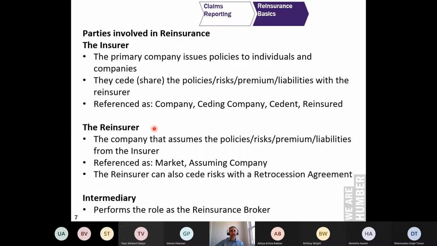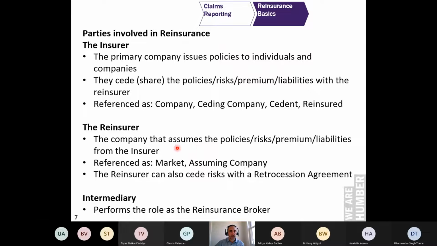The other ways that this company might be referenced are as the company or the ceding company, the cedent, or the reinsured, because they're the party that's being reinsured, protected by this agreement. The reinsurer is a company assuming.